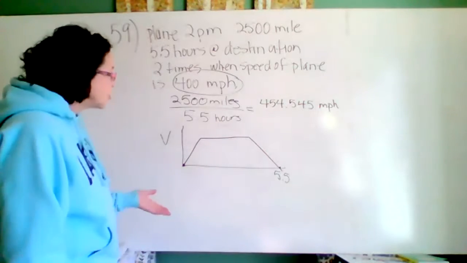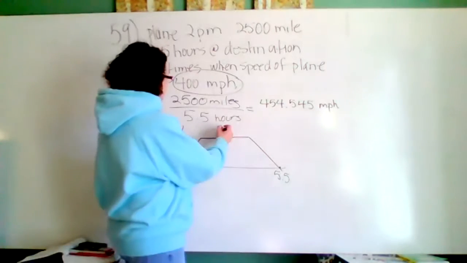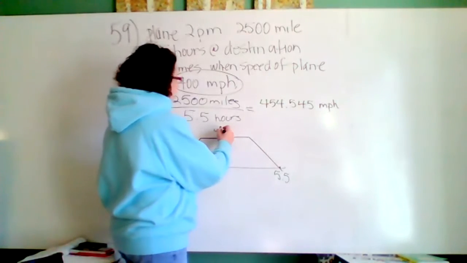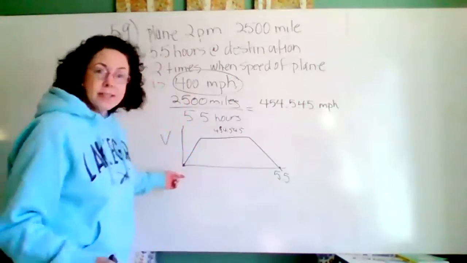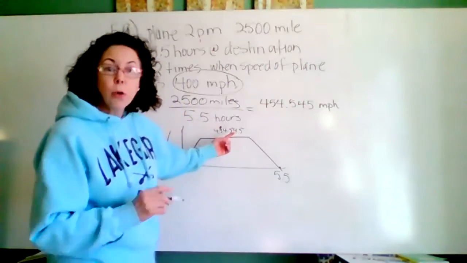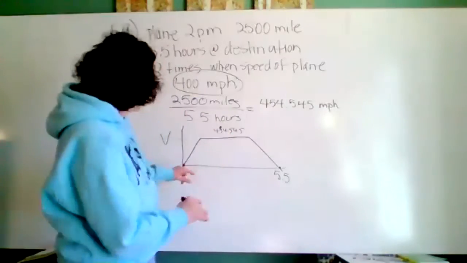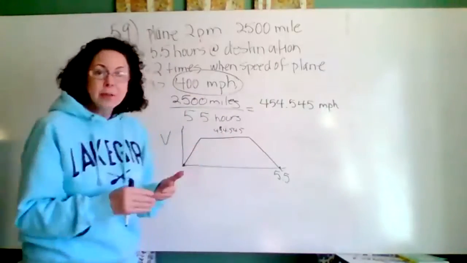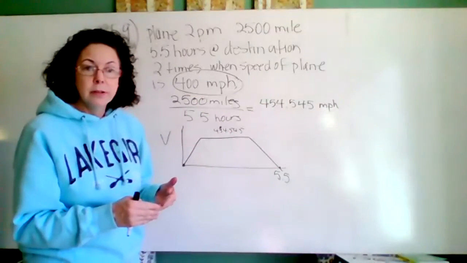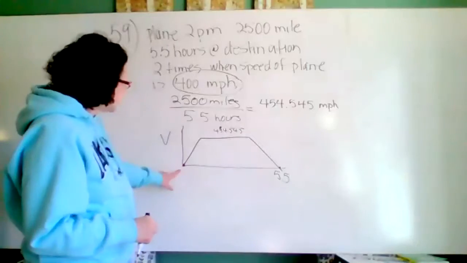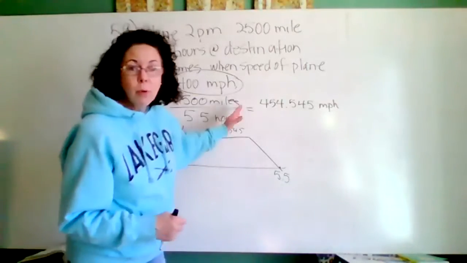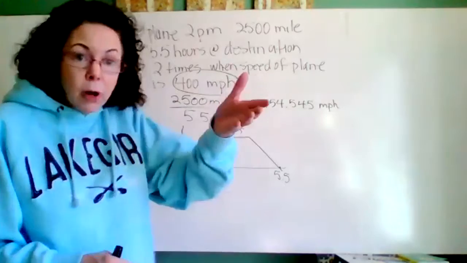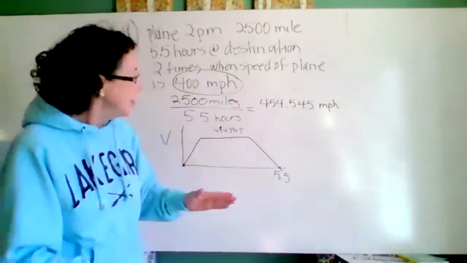Isn't it true that if the average speed was somewhere like 454.545 miles per hour, and it started from 0, it had to go through 400 miles per hour at some point on the way up?